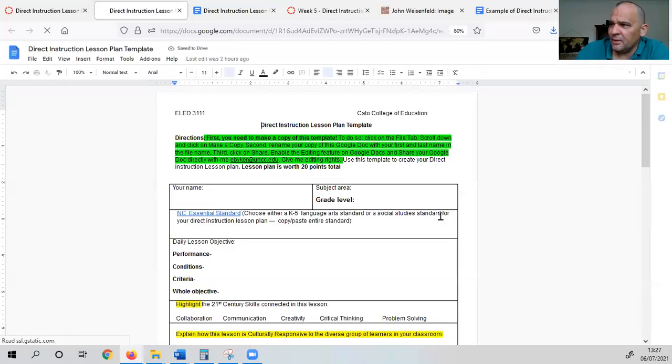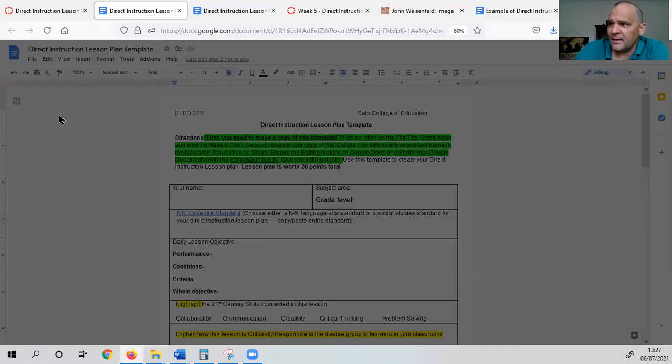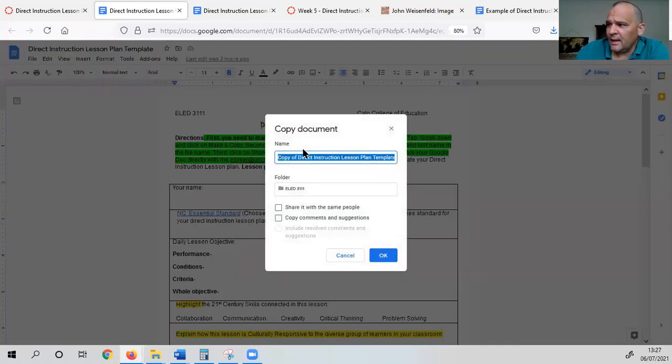You'll just click on that lesson plan template. Now, just like the morning meeting, I want you to create a copy of this template. It's really easy to do. Click on the File tab, then Make a copy, and it will create a new copy document.